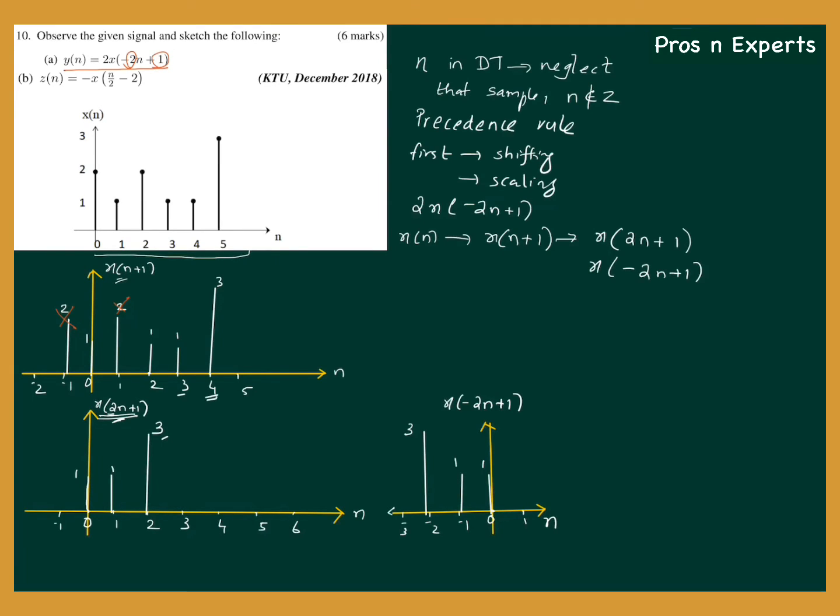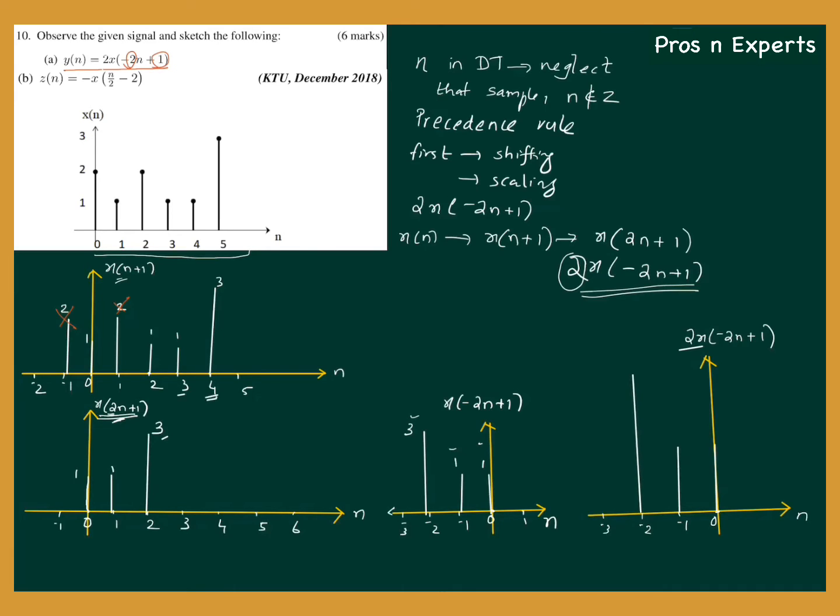And finally, what we have to obtain in the question is 2 times x of minus 2n plus 1. This 2 times is an amplitude operation. So what we have to do is double all the samples in x of minus 2n plus 1. When we find twice the signal, you will get sample value 2 at n equal to 0, again 2 at n equal to minus 1 and 6 at n equal to minus 2.